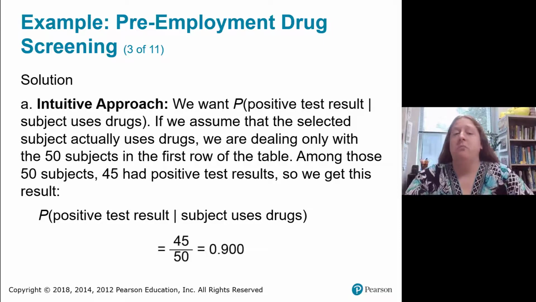So our intuitive approach, we want to find the positive test result given the subject uses drugs. So we're going to look at when the subject uses drugs has already happened. We want the probability now that there's also a positive test result. So looking at this, we have 50 subjects who are using drugs, right?